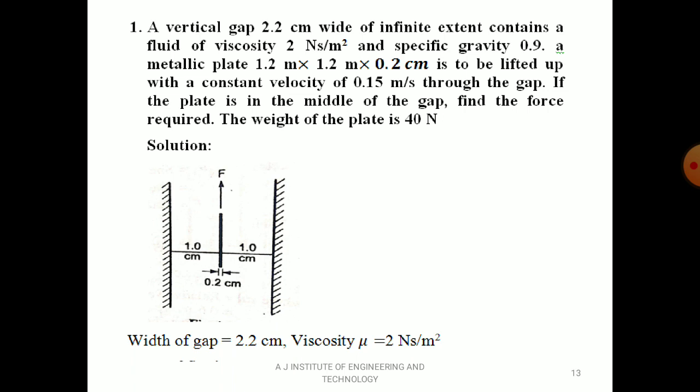So the distance from the plate to the vertical stand is 1 centimeter on both sides, because 2.2 centimeter is the width of the vertical gap, out of which 0.2 centimeter is the thickness of the plate. So 1 centimeter from each stand on both sides.